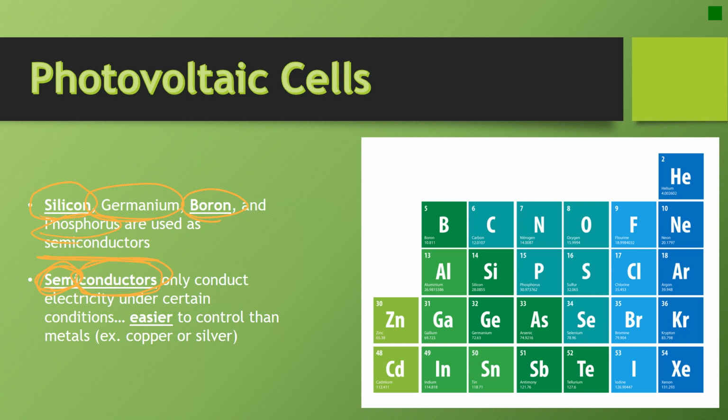That's where the name comes from. It's semi, so it partially can conduct, and it only can conduct electricity under certain conditions. This makes it a lot easier to control the amount of electricity that you get. So you want to use these 4 semiconductors as opposed to copper and silver, which are just pure conductors, because you can control what happens with these electrons a little bit easier, making it more efficient to conduct electricity in the way that you want it to.